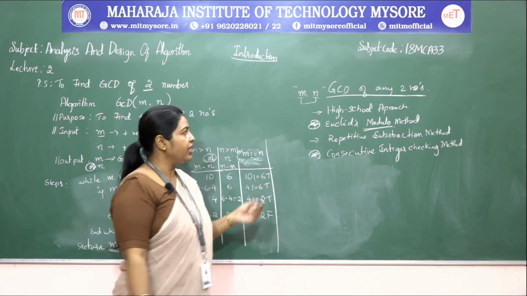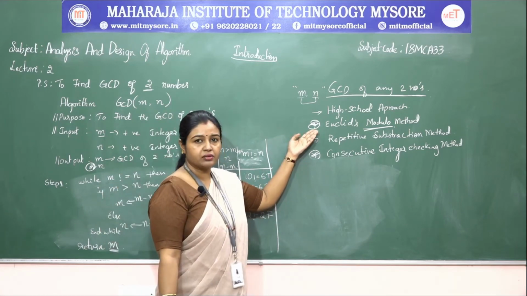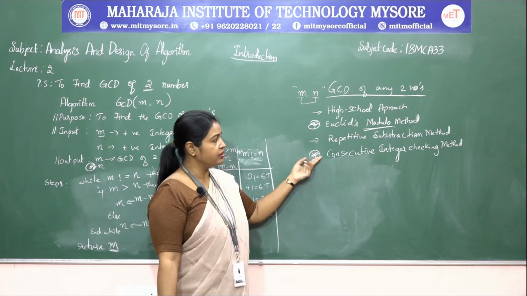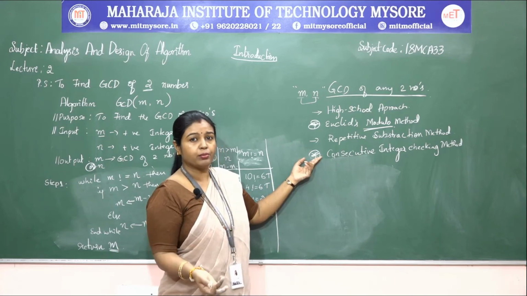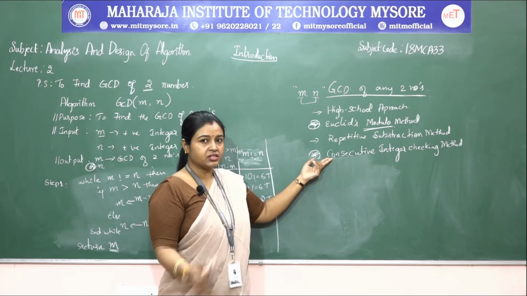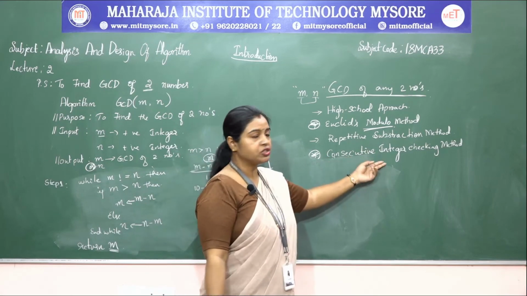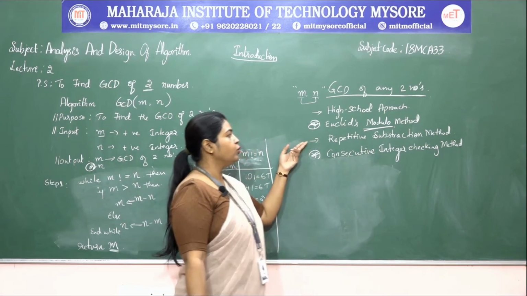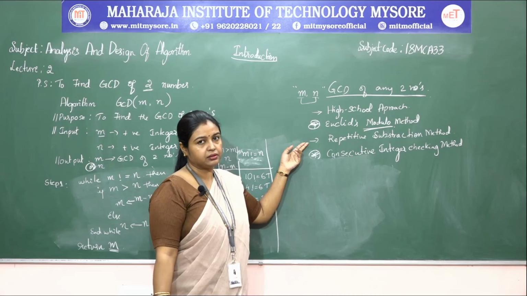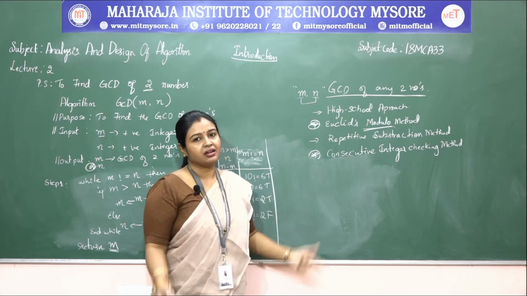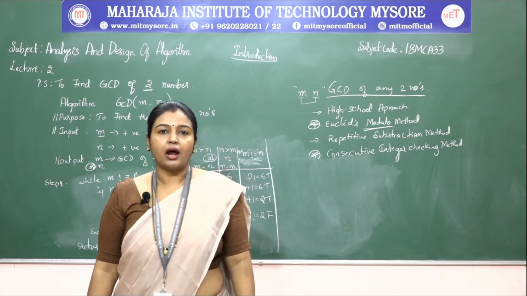So if you rate, Euclid's modulo is the first one. Next, we are again using the modulo method itself. That's why we can give the second rating to the consecutive integer checking method, and then we can go for the repetitive subtraction method. The last one is, as you know, the high school approach.